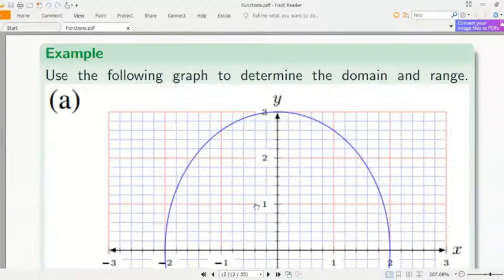Now let's see the domain and the range. Just before we do that, let's remember that the domain will be the x values. The range will be the y values.